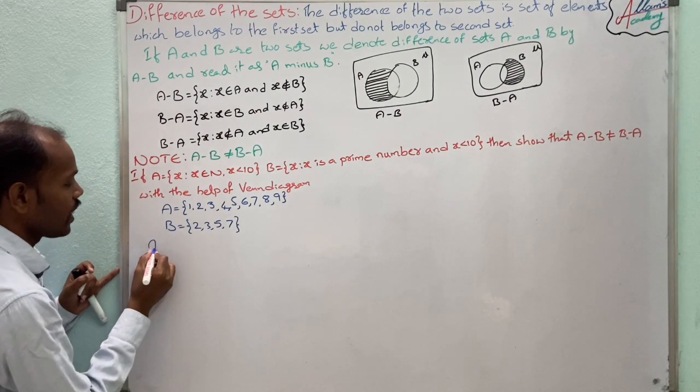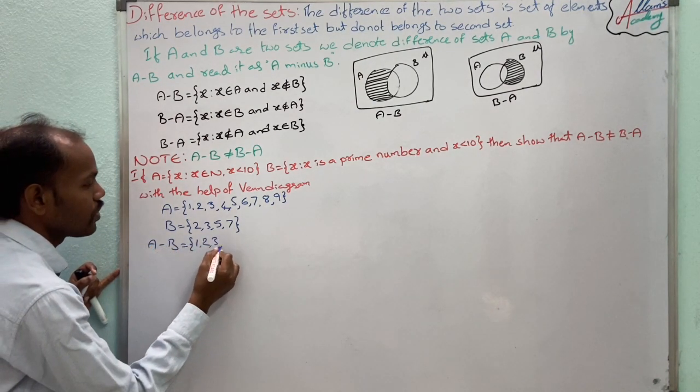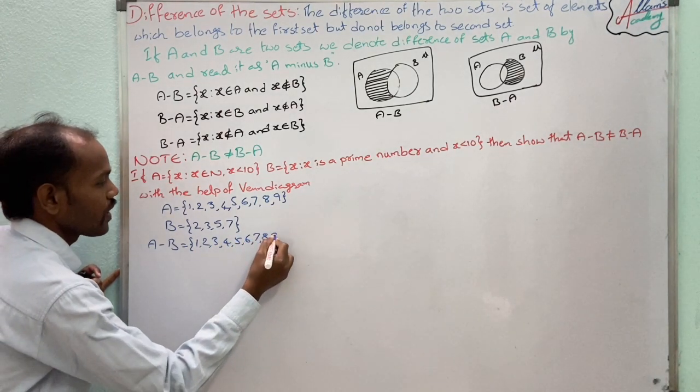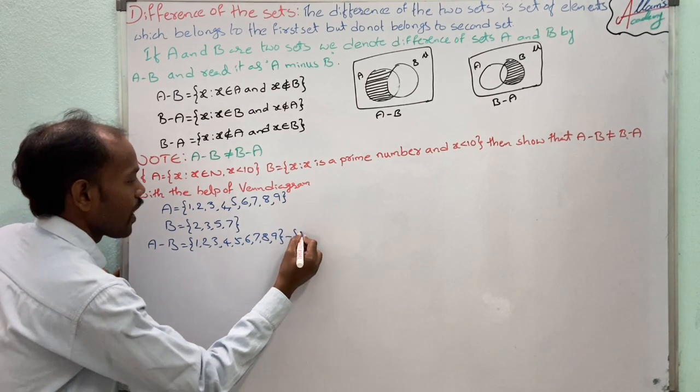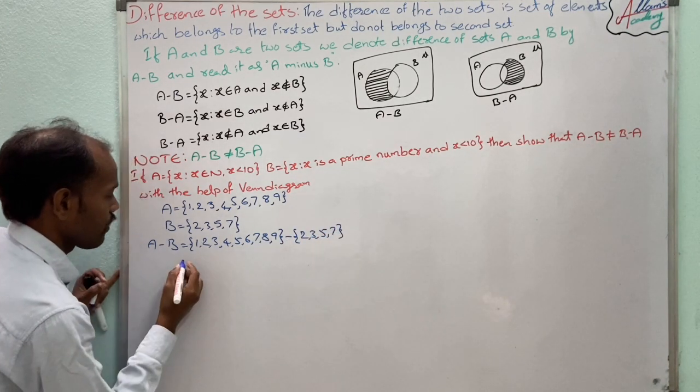Now finding A minus B. So {1, 2, 3, 4, 5, 6, 7, 8, 9} minus {2, 3, 5, 7}.